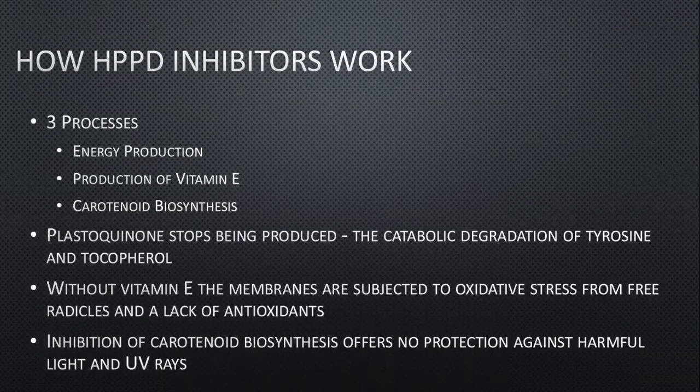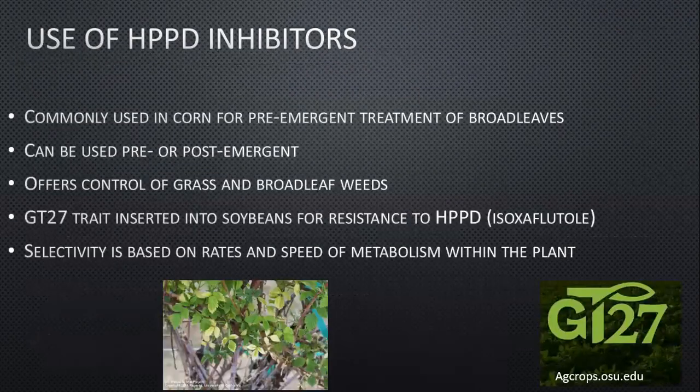And therefore, those free radicals are going to go and break through some of those cell membranes. And then we also have the inhibition of carotenoid biosynthesis, which is why we see the bleaching. And there's no protection against the light rays and UV rays that the plant usually has, and therefore all those 3 end up actually killing the plant.